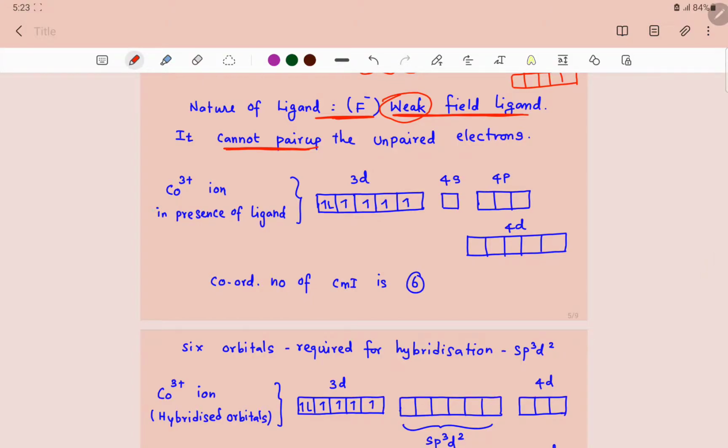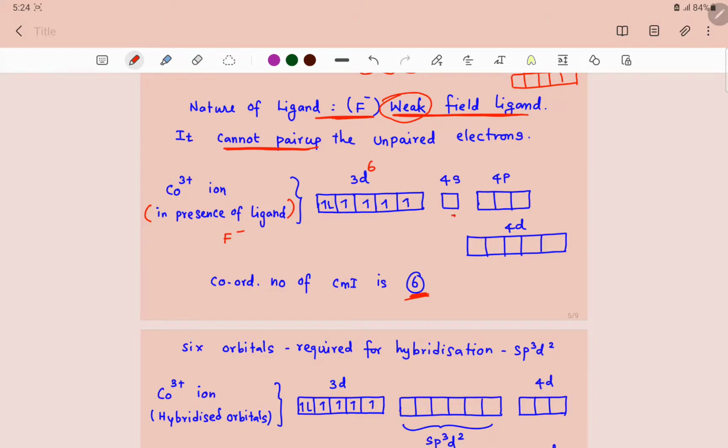So in the presence of F minus, the cobalt 3 plus ion has 3d6 with one paired orbital and the other 4 with unpaired electrons. Now the coordination number of the central metal ion is 6, which means 6 orbitals are required for hybridization.